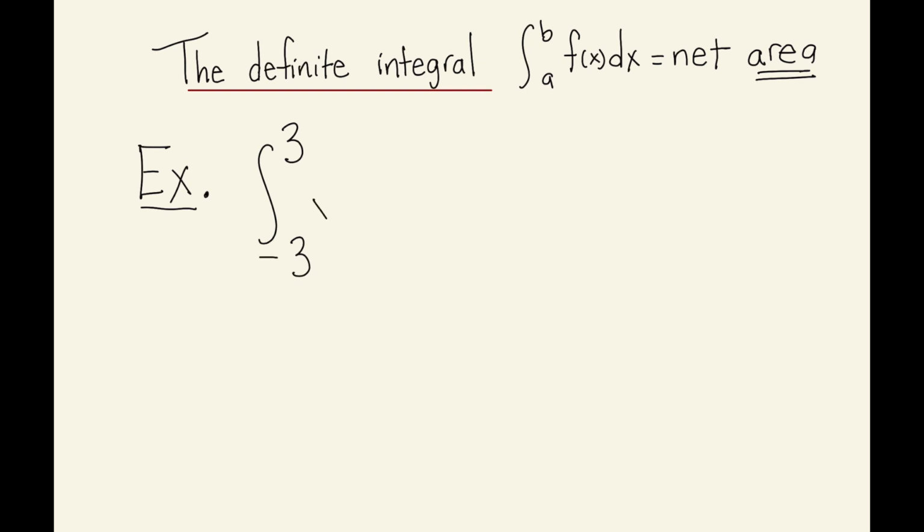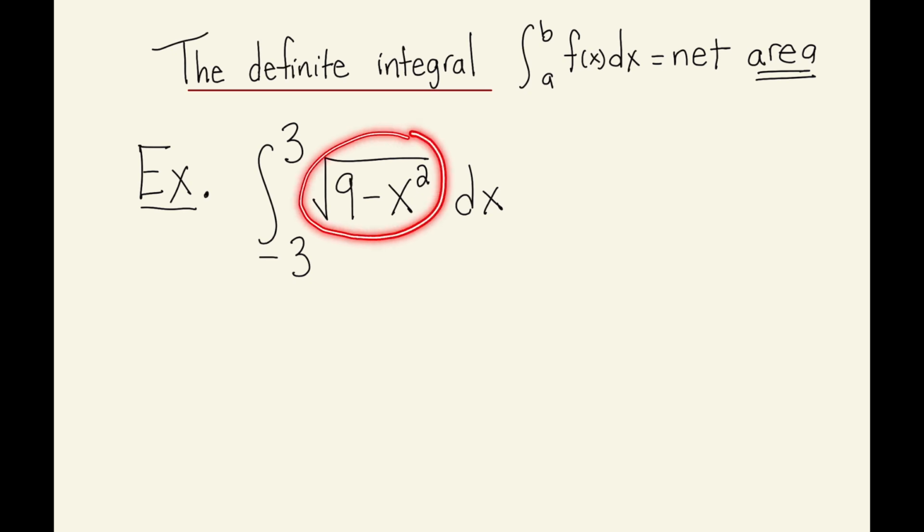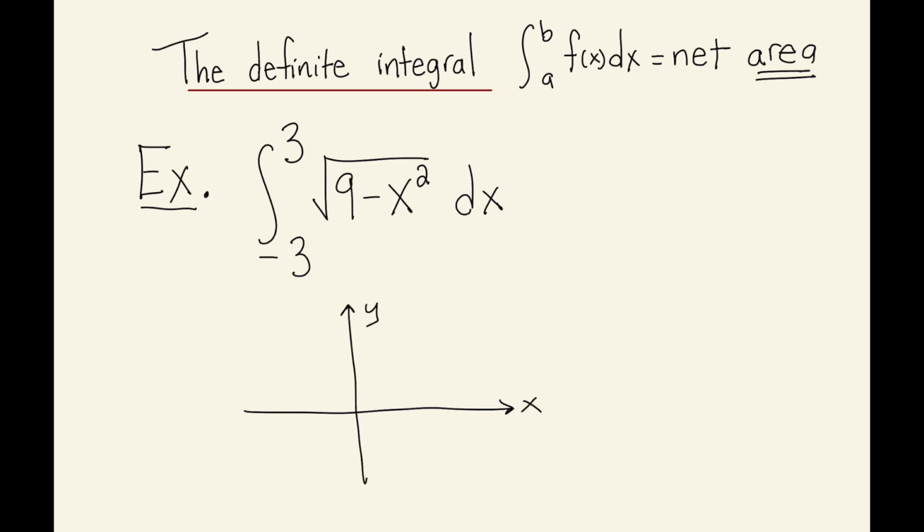Let's calculate this definite integral. Again, remember, I'm just going to use the fact that it's a net area, and that's what this means. So I can look at what the graph of this function looks like above the interval -3, 3. I'm just going to graph it really quickly, just a rough sketch.